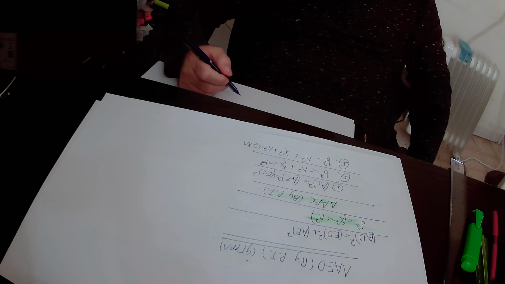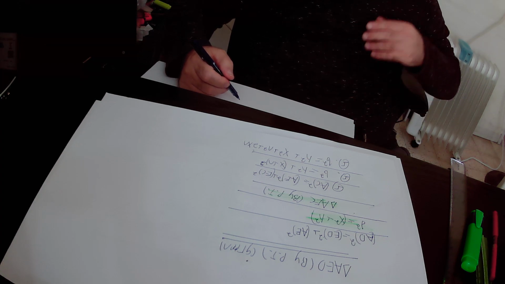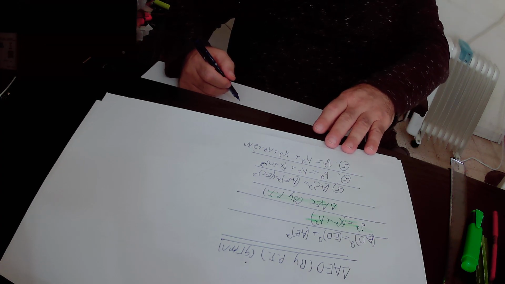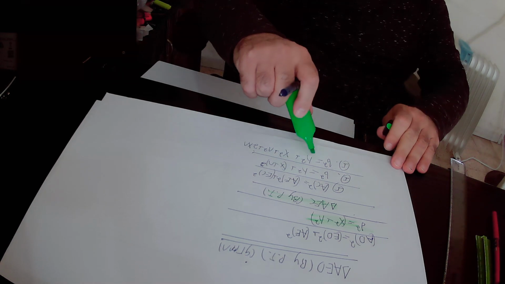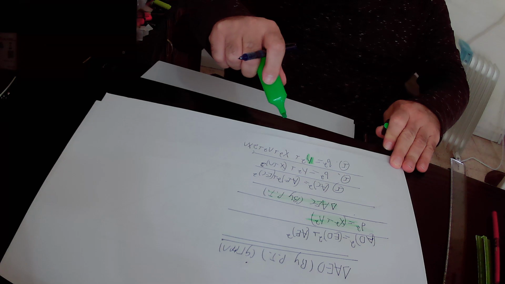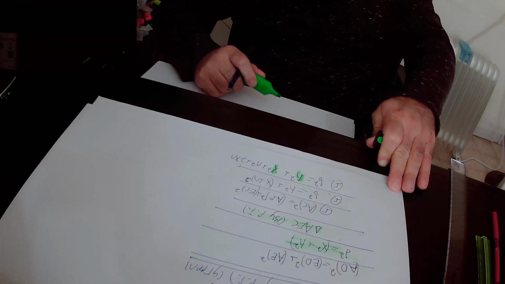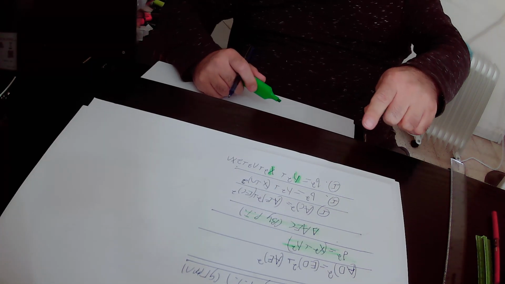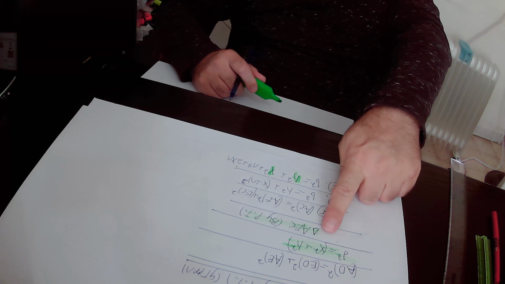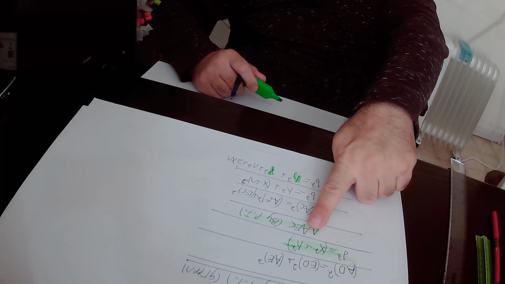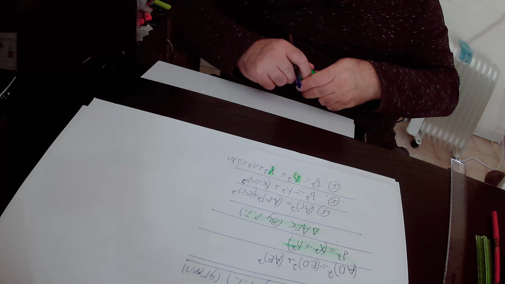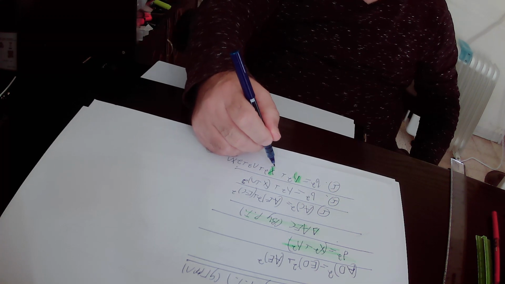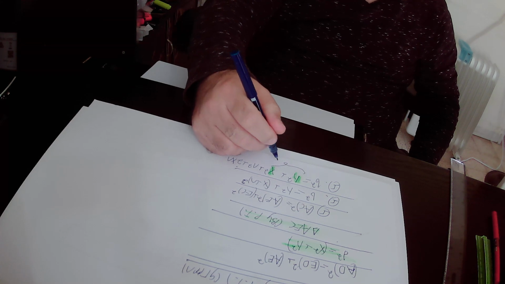Okay. So in this equation, equation number 1, we have h squared plus x squared. According to what we have already found out, h squared plus x squared equals d squared, so we can substitute h squared plus x squared by d squared.